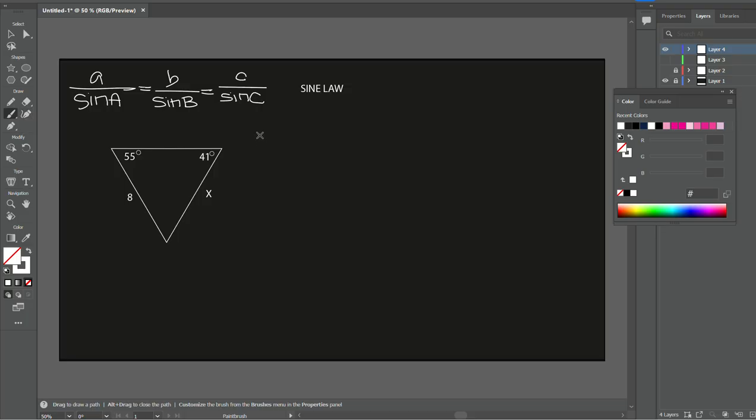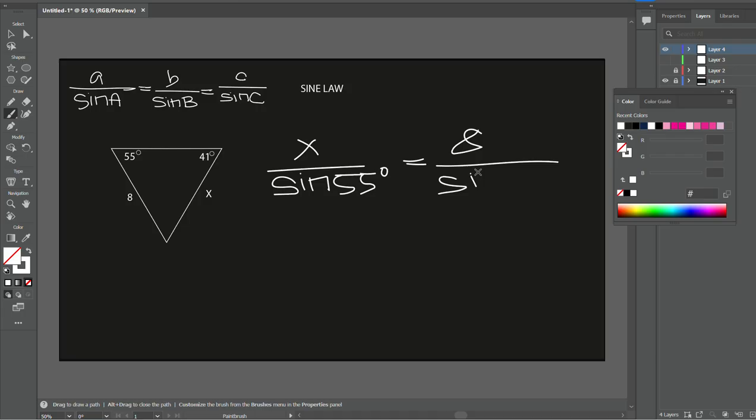We have two angles and one side. Opposite. And opposite. Cross multiply, also known as transpose.